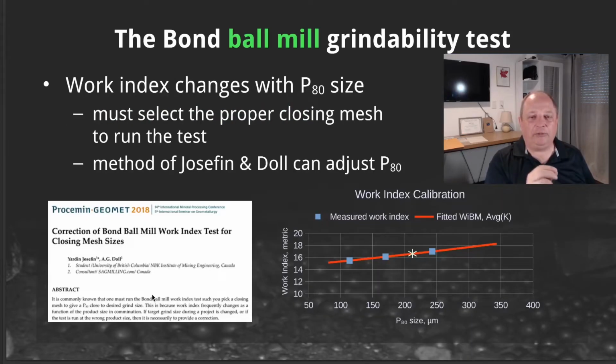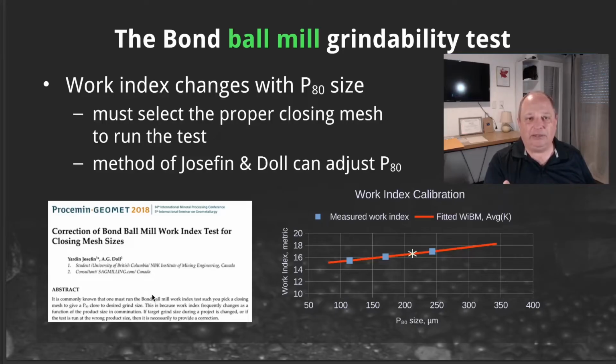The work index for ball milling changes as a function of the product size, and this is baked right into the Bond procedure. You must choose a closing screen that approximates what will give you a P80 of what you would see in the plant.